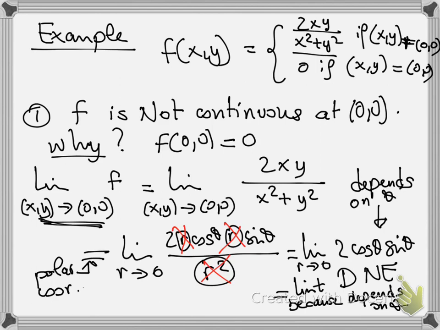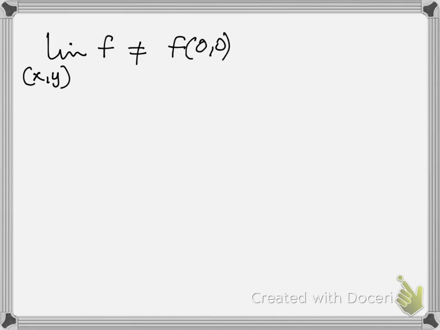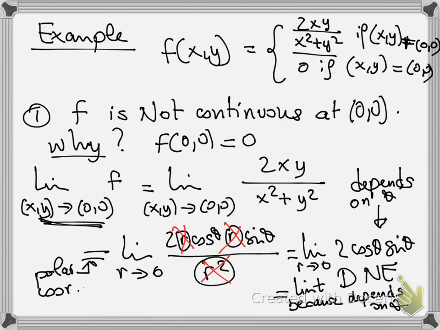And so this limit is of course different from f of (0, 0). So the limit of f as (x, y) approaches (0, 0) is not equal to f of (0, 0), which is 0, right? Because this limit depends on theta.